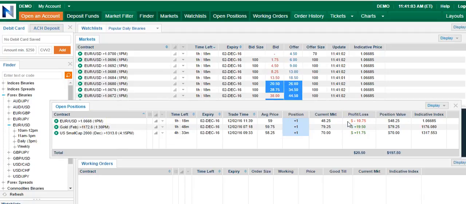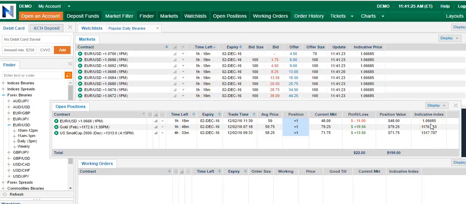So with Nadex, it's great that you can exit your trade early, which I'll do here in a second, but it's not only based on the price, but it's based on how much time is left. Since this trade has basically 78 minutes left, there's a lot of time, and I'm only up by about a half a pip.